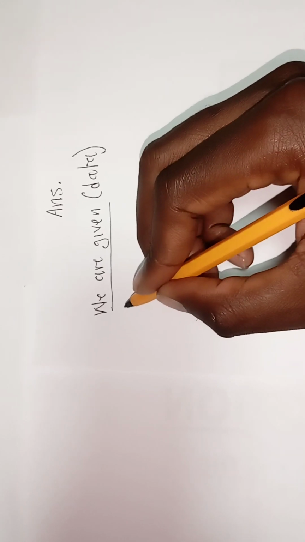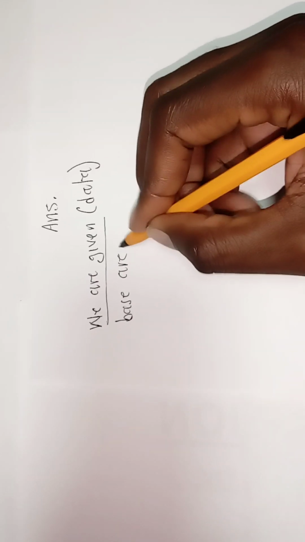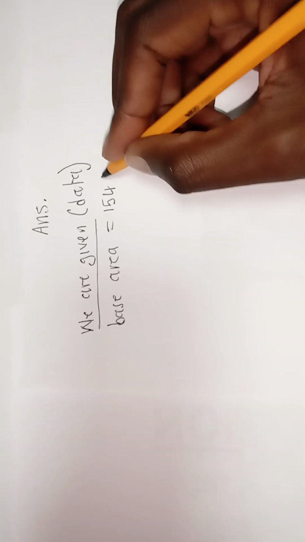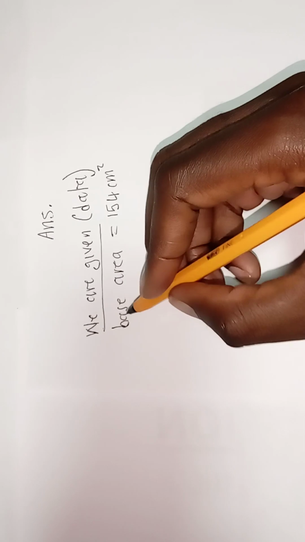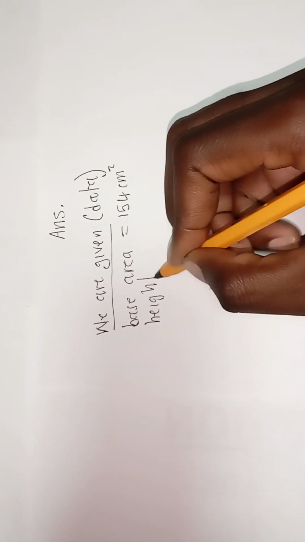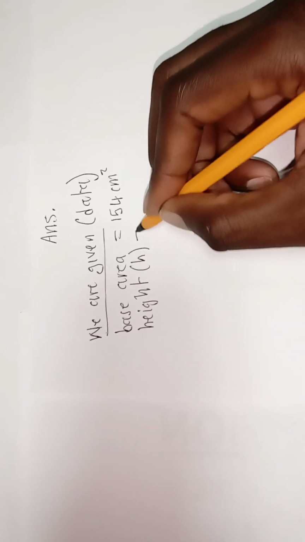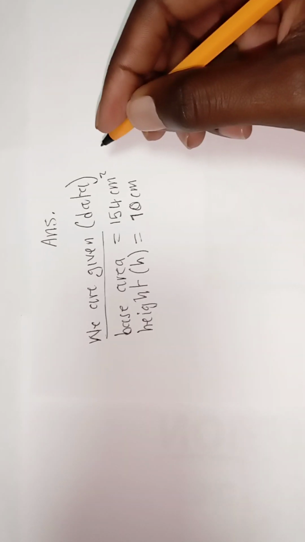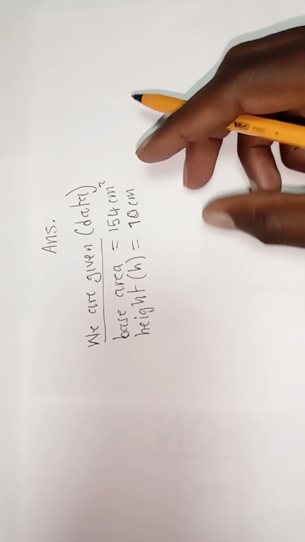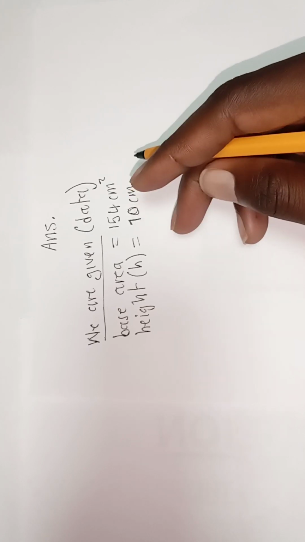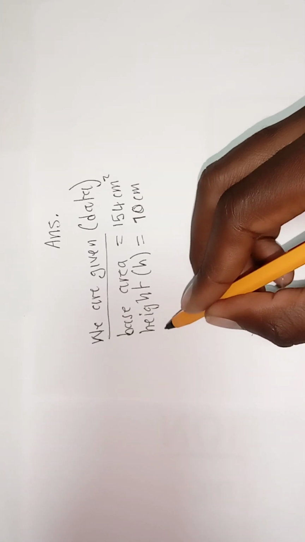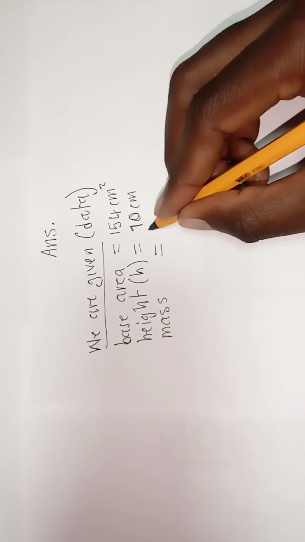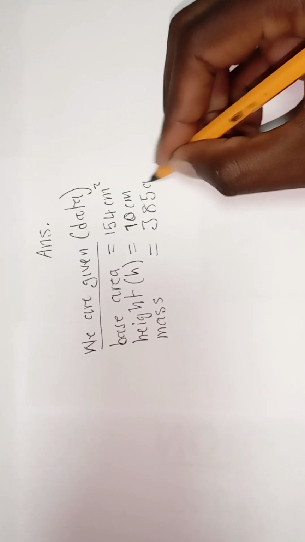So we have the base area, which is 154, and we also have the height, we can call that h, which is 10 centimeters, and also we have been told the mass of the block is 385 grams.